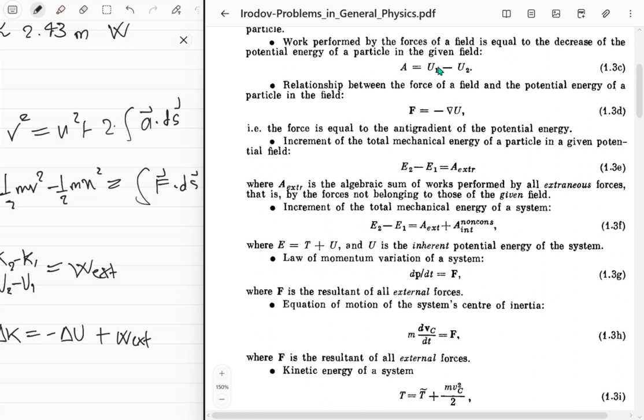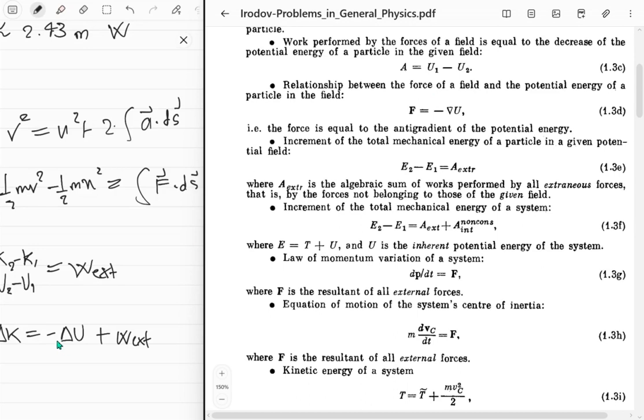Decreasing potential energy, so it's supposed to go from higher to lower, and the work done on the particle is more. So actually it should be negative, right? So the work done W is just negative of U2 minus U1. Oh yeah, actually, sorry, this is correct. That is in fact negative of U2 minus U1. I really thought it was otherwise. Okay, yes, this is correct, sorry.